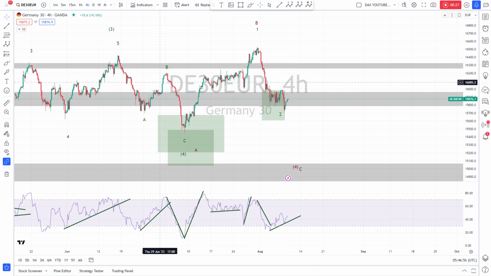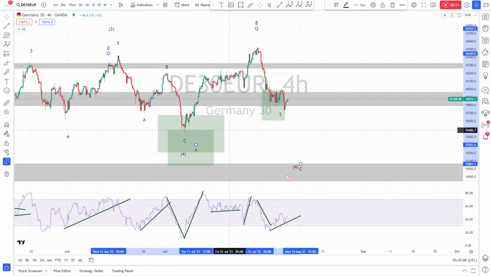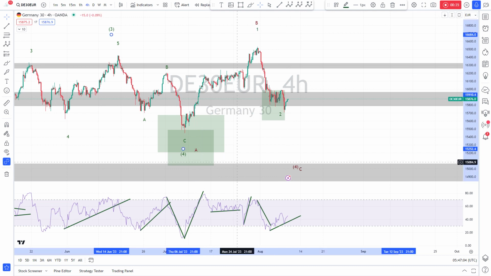The bearish one is indicated in red, and would be that this wave 4 low is not in yet, but that we will have this wave 4 low somewhere here. And that would mean that we are doing an expanded flat structure now. So then we would come down as wave A in three waves, 1, 2, 3.